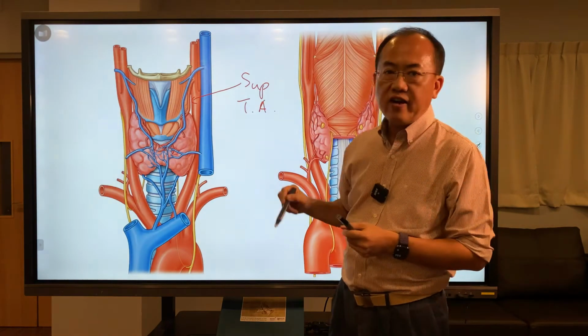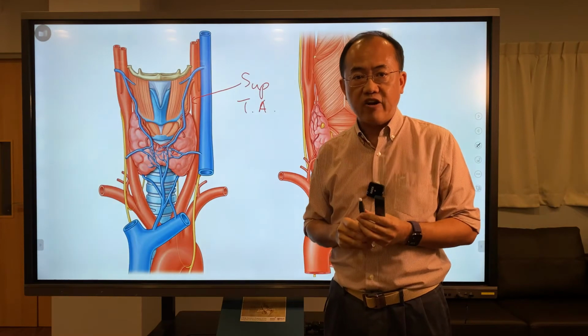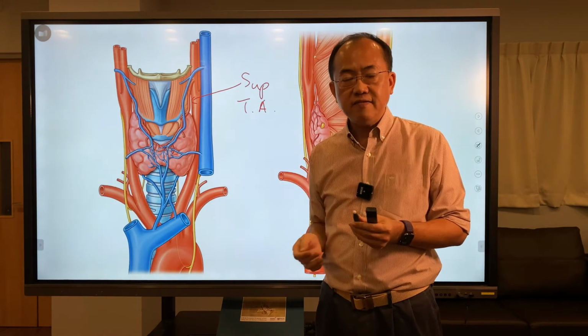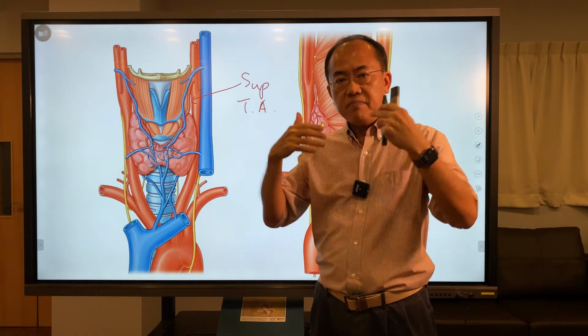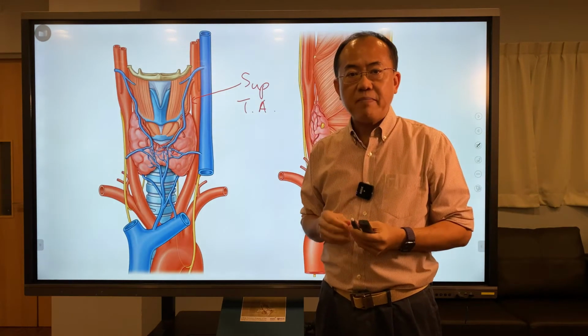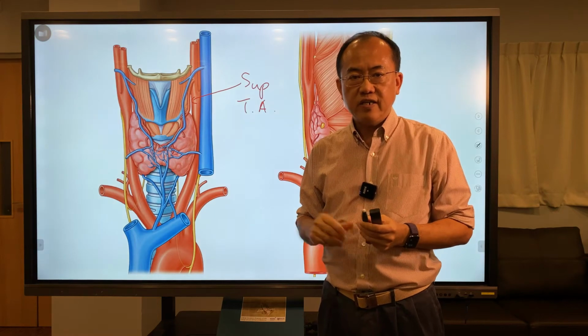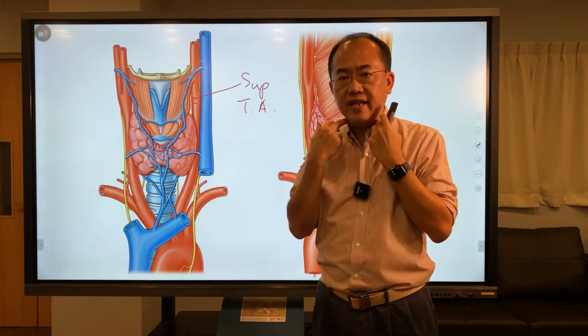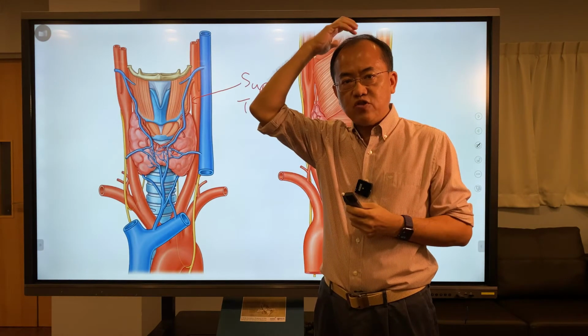Superior thyroid artery comes from a branch of the external carotid. Remember, the common carotid bifurcates into external and internal. Most of the structures in the head and neck are supplied by branches of the external carotid artery, because the internal carotid artery doesn't give rise to any branches in the neck until it goes into the cranial cavity.